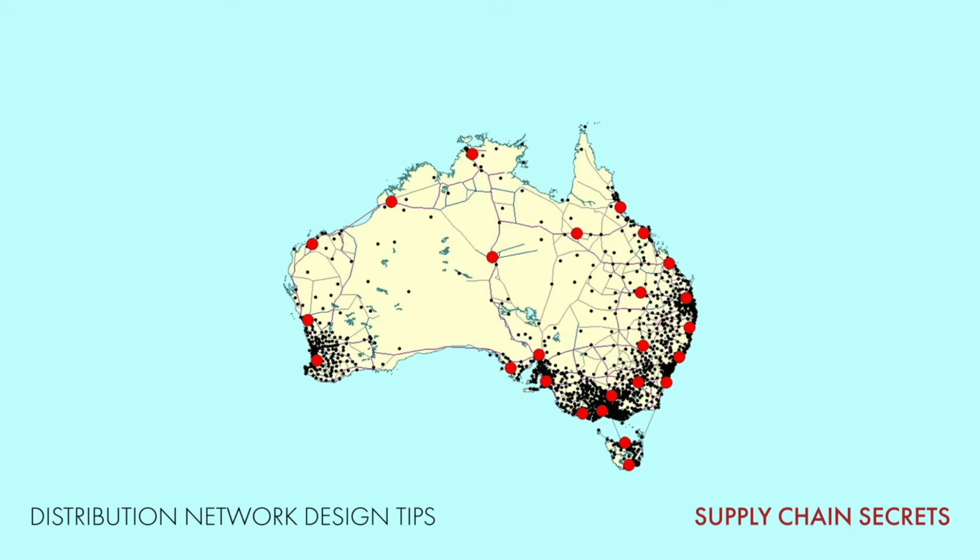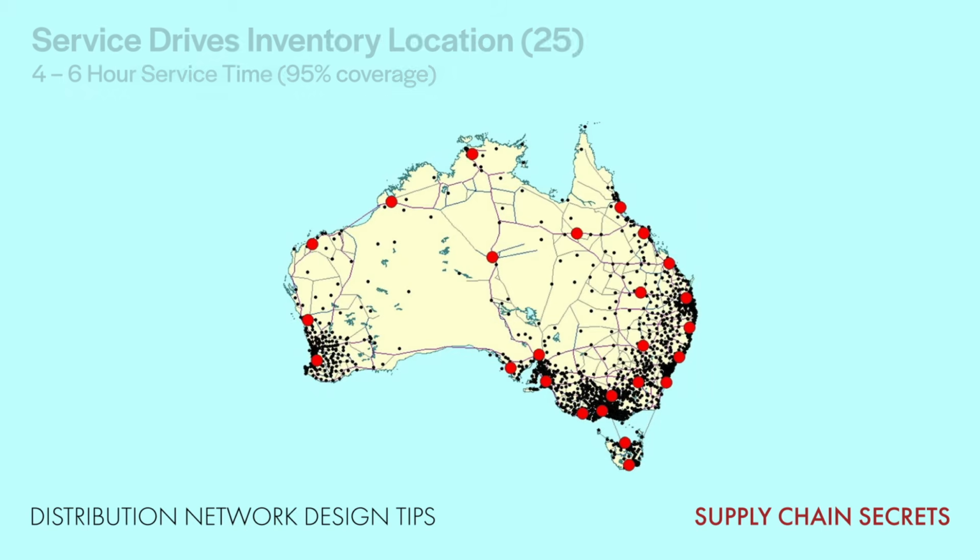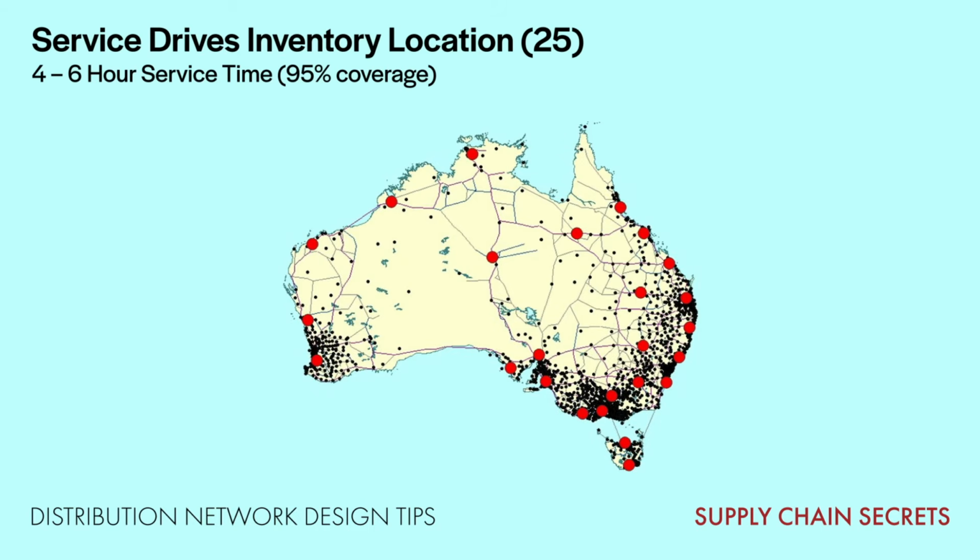The black dots are the retail outlets, and the red dots are the distribution centres servicing those retail outlets. This chart is a model where we have estimated that they need 25 warehouses if they're going to service 95% of these retailers in the country with a 4 to 6 hour service lead time.